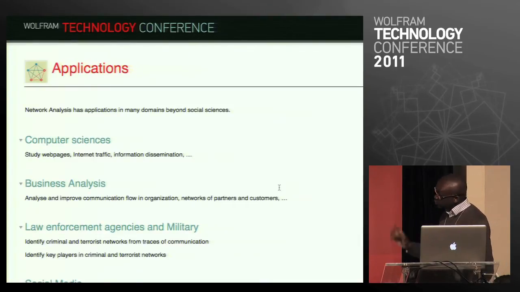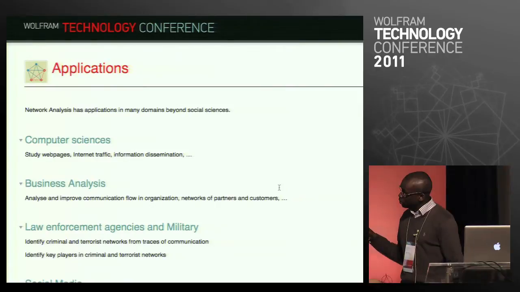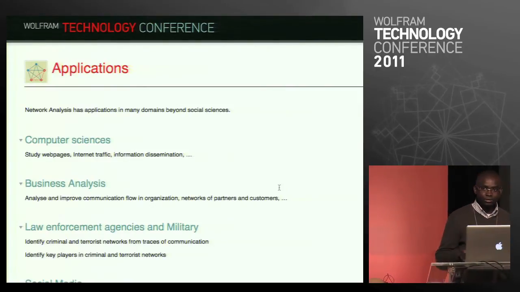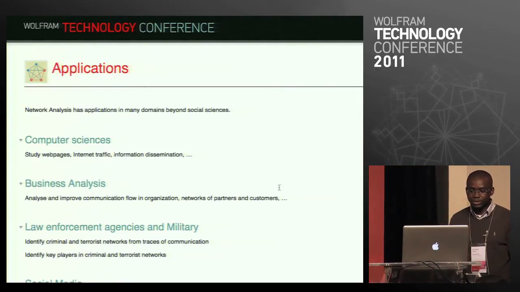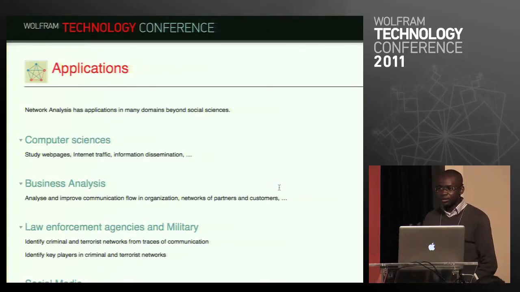One application I will illustrate is what law enforcement and intelligence agencies currently do: they use cliques and other cohesive groups to identify criminal and terrorist networks. It's quite a useful tool they currently use.